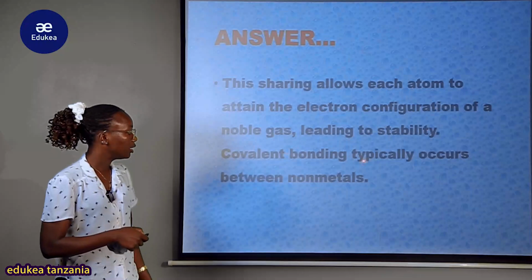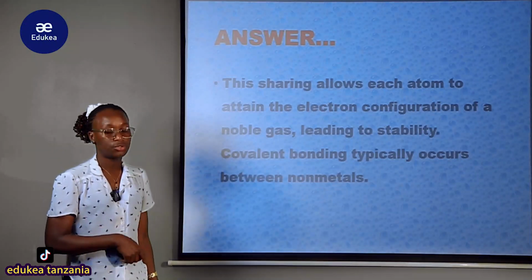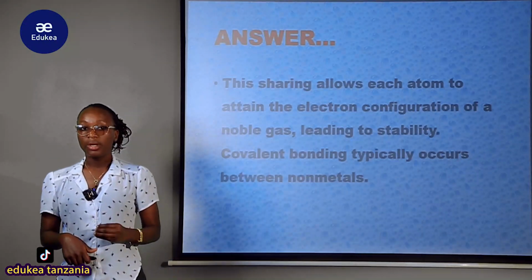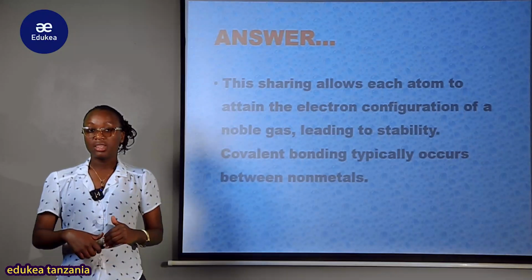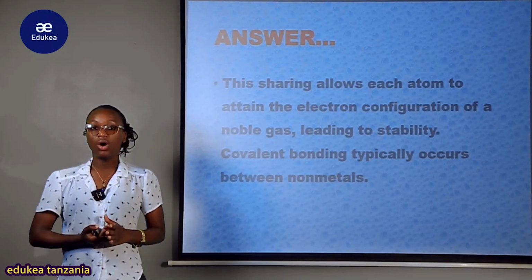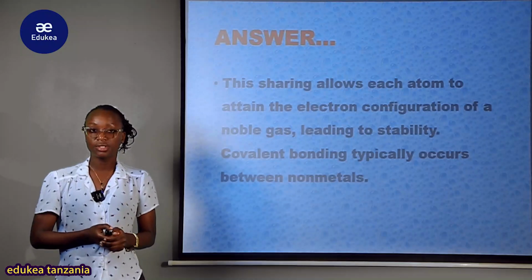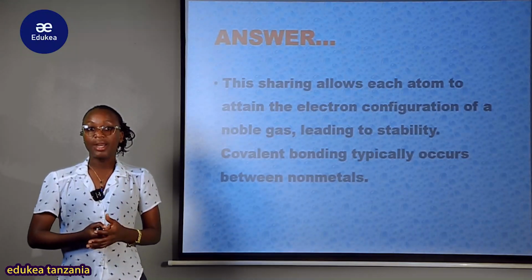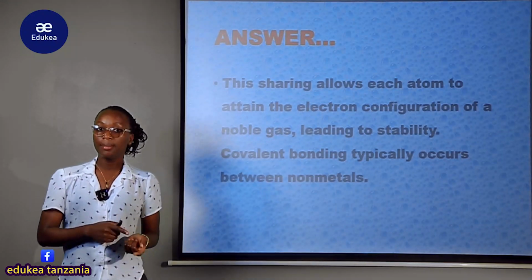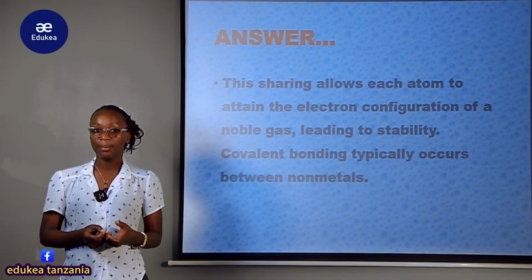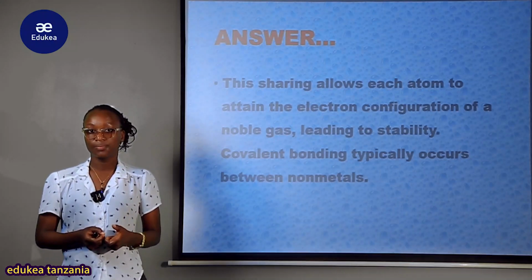So covalent bonding typically occurs between nonmetals. When we talk about covalent bonding, these are bonds or combinations of different elements or atoms which are both nonmetals. Nonmetals, we know, are those elements which are negatively charged.